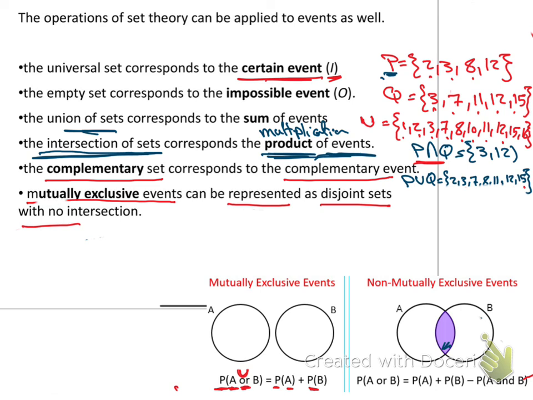This mutually exclusive event represents disjoint. But this one is non-mutually exclusive. It is not disjoint, they are joint. This means that mutually exclusive is separated. I hope that this slide also is clear.